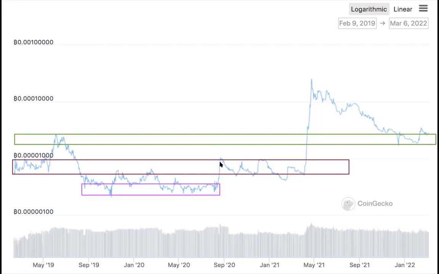So there we are with this accumulatory price action. And then we shoot up into that original accumulation range. This was in about August of 2020, I believe. I don't have the exact date, but it comes out of there and then ranges around here in this accumulatory range.